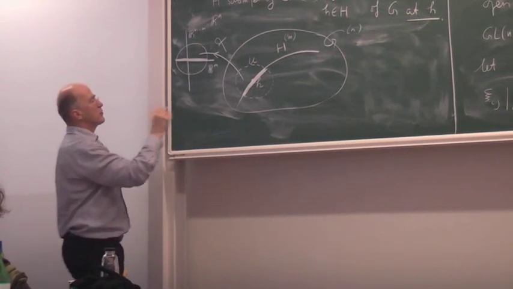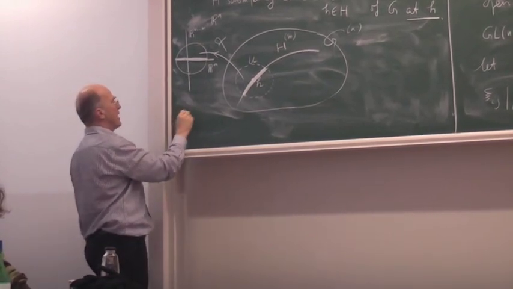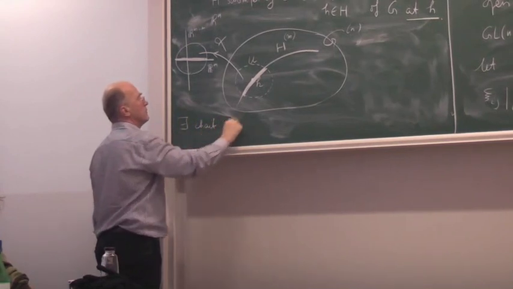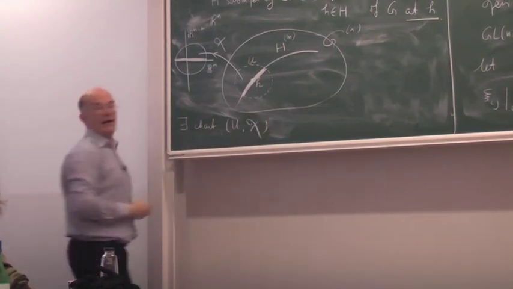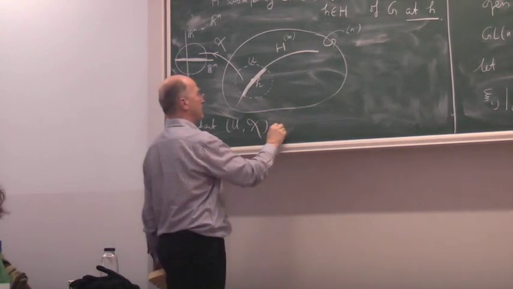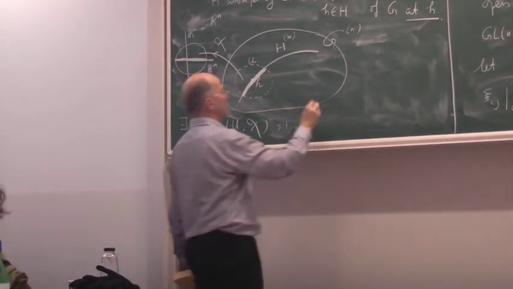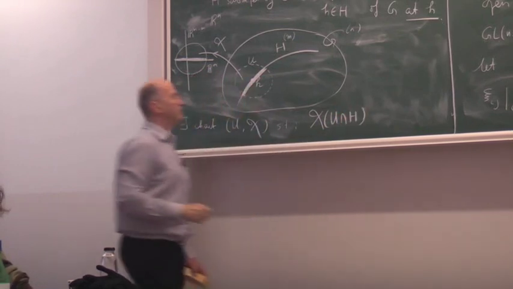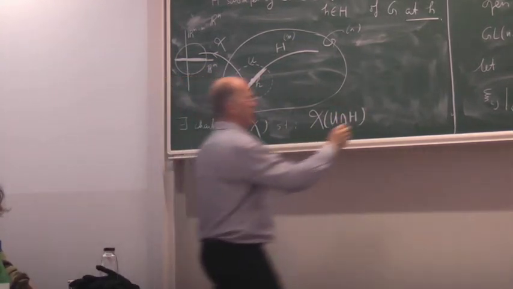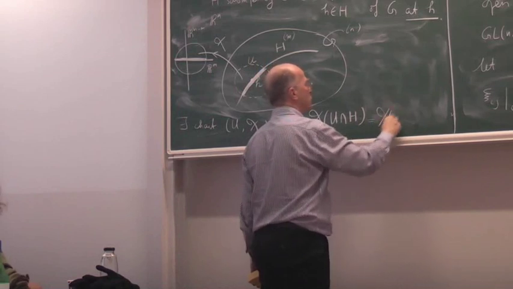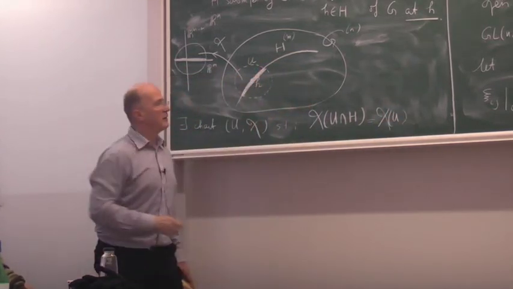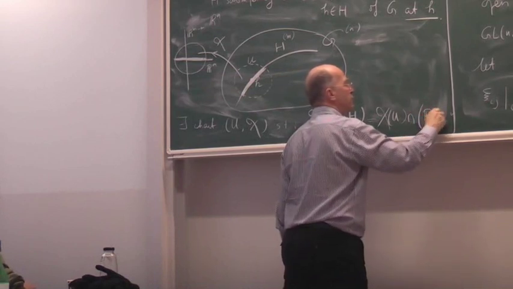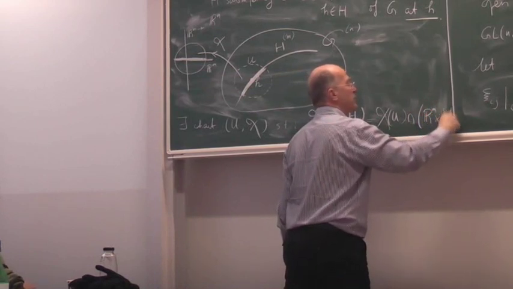In other words, there should be a chart consisting of the U and the chi, such that the image of U intersected with H should be equal to the image of U intersected with R^m, viewed as a linear subspace of R^n.